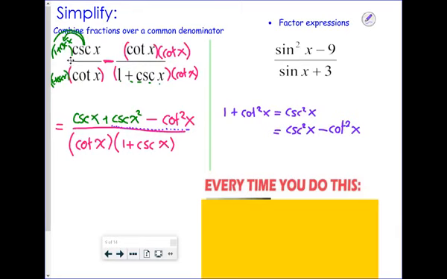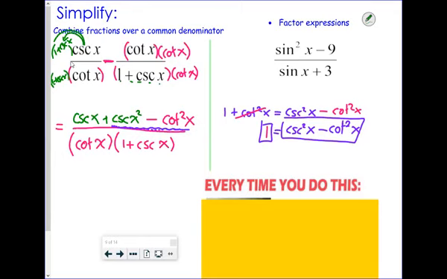So what I have to do is subtract that from that side, and what's left on the left is 1. So all of that can simply be replaced by 1.